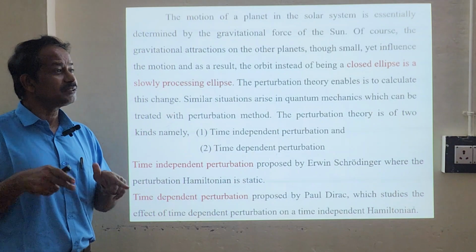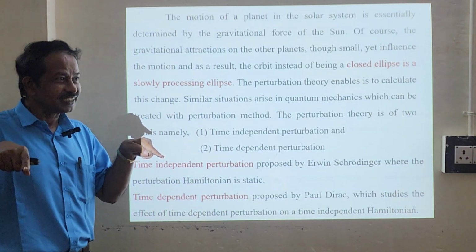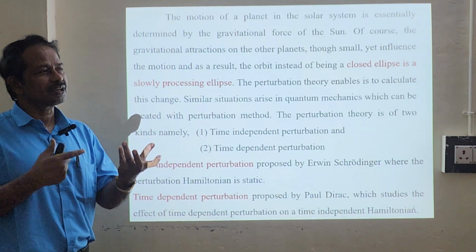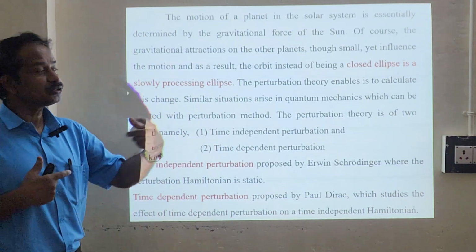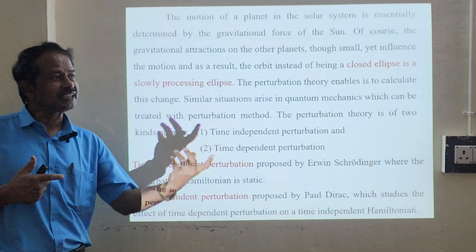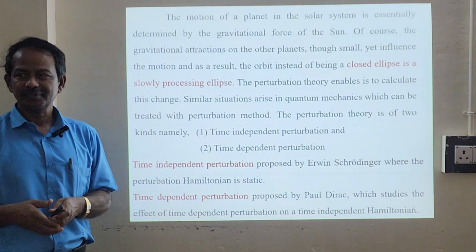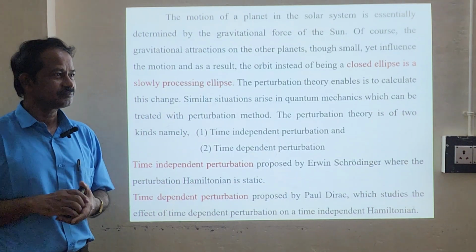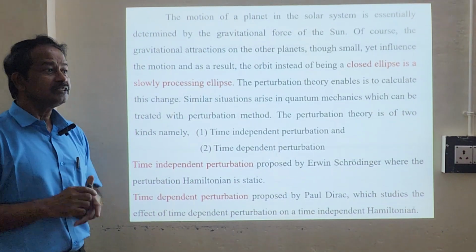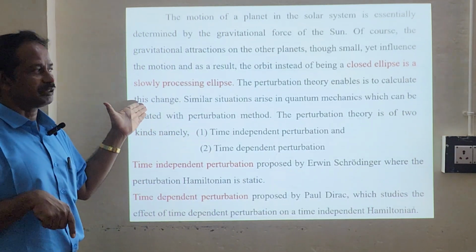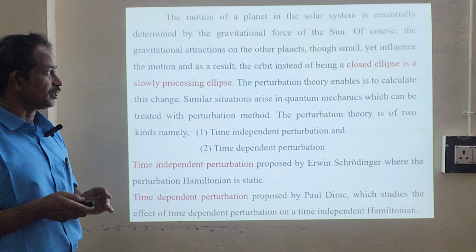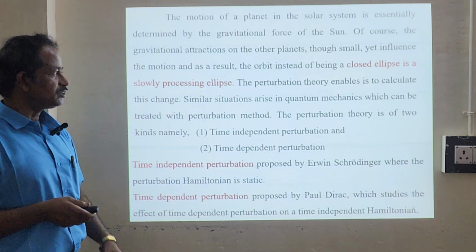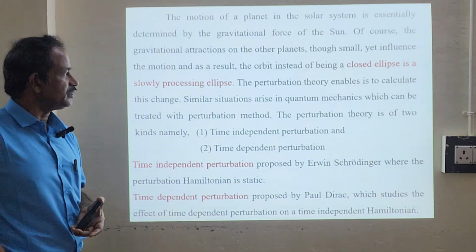The influence of other planets will disturb the attraction between these two, correct? So what will happen? One of the planets will not go in a closed ellipse, but will have a precessing ellipse, because other planets also have some influence on these two attractive forces. This is called a disturbance, a perturbation. So they have taken the idea from the classical one. The perturbation theory enables us to calculate this change. A similar situation arises in quantum mechanics also, which can be treated with the perturbation method.